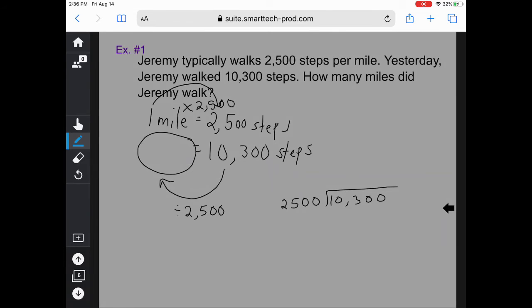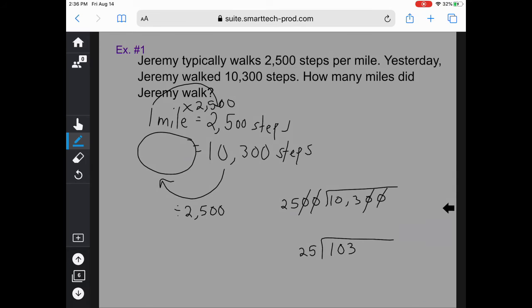I noticed that I have 2 zeros in my divisor and 2 zeros in my dividend. So to shorten these, I can cross these 2 zeros off on the ends, and I have 25 as my new divisor and 103 as my dividend.